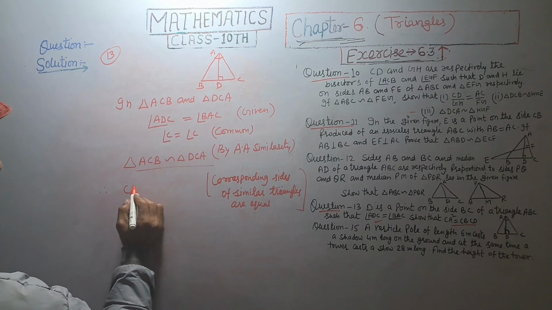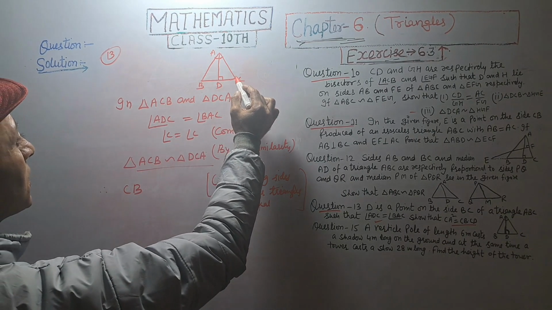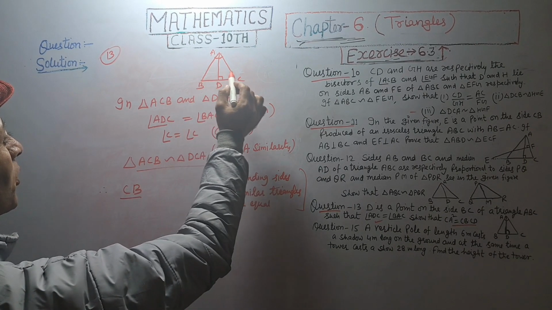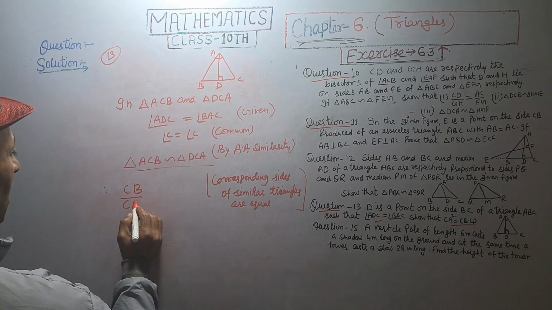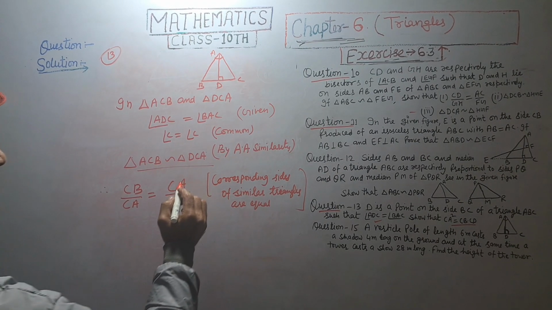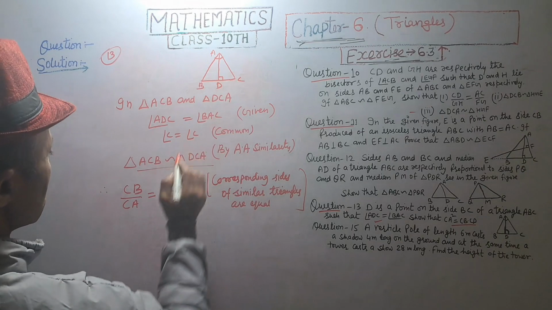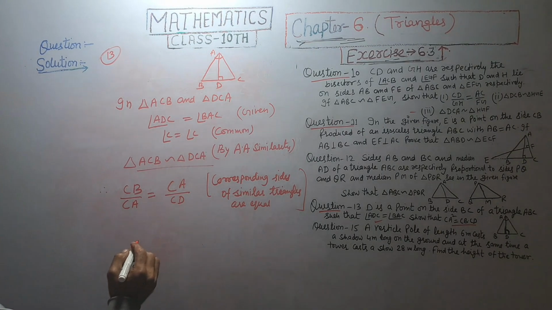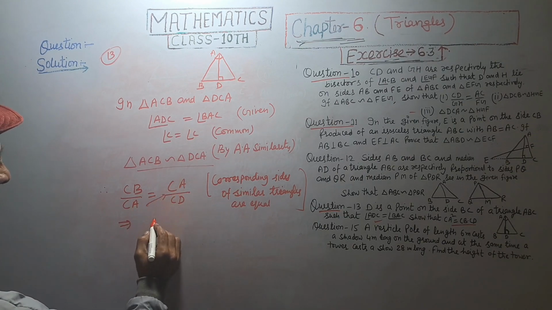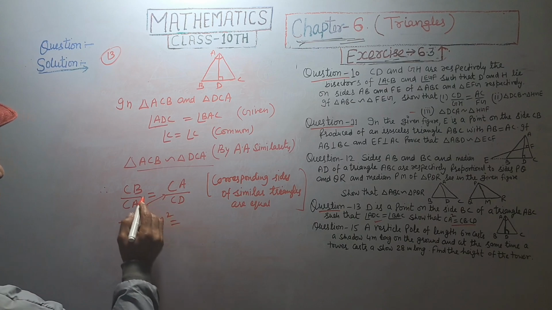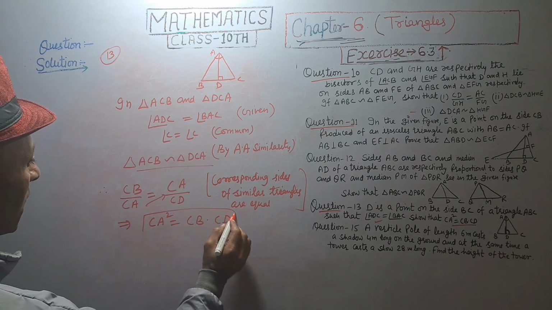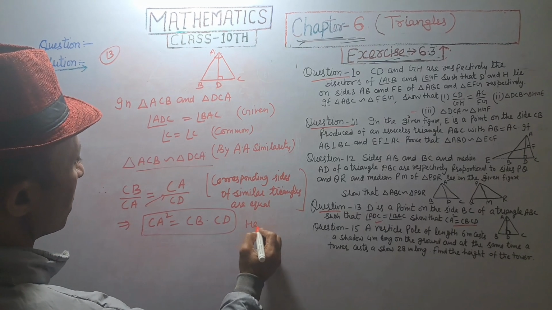That is CB upon CA is equal to CA upon CD. This implies CA into CA, that is CA square, equals CB into CD. Hence proved.